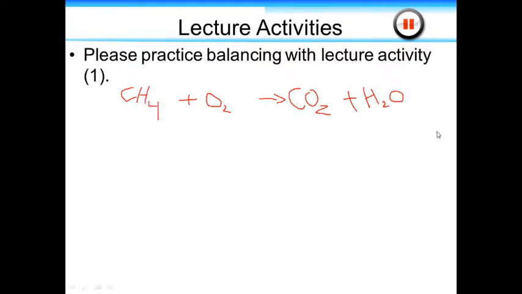Notice how there are 3 oxygen atoms here. There's an odd number of oxygen atoms, and there's only one molecule, and its subscript gives it an even number of oxygen atoms. Not in this particular case I've drawn up here, but at times, in order to balance a system like this, you might need to multiply everything by 2 in order to make this an even number of oxygen atoms as well. So just keep that in mind when you're doing that activity.